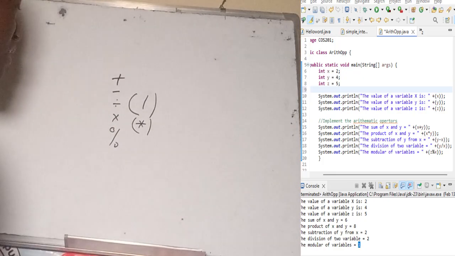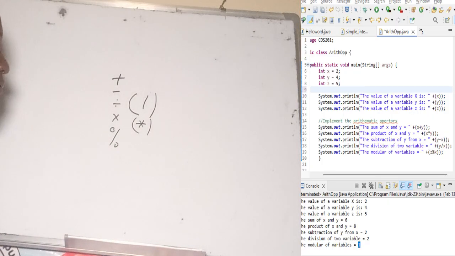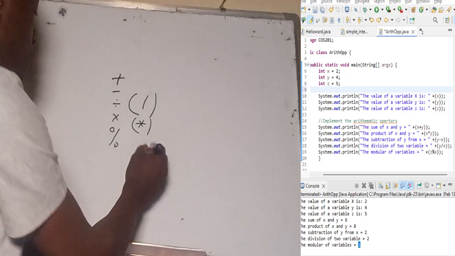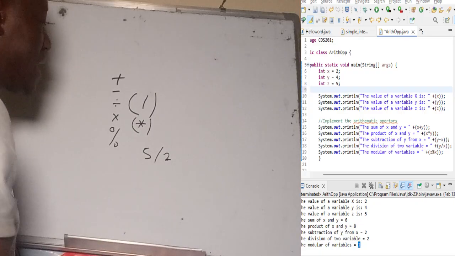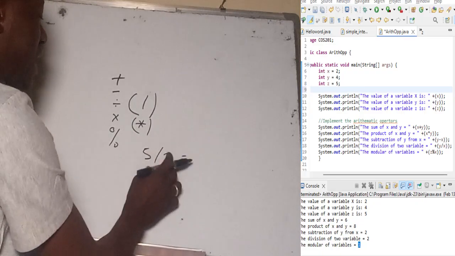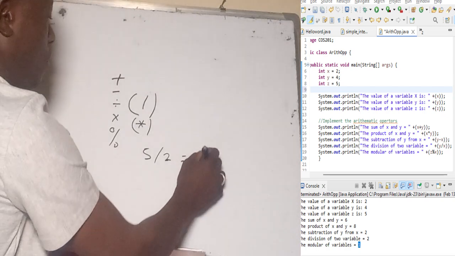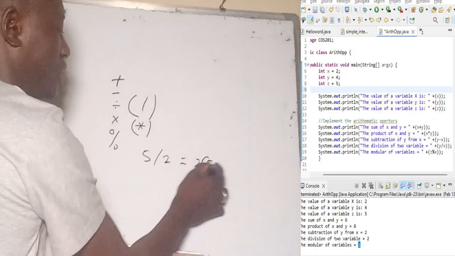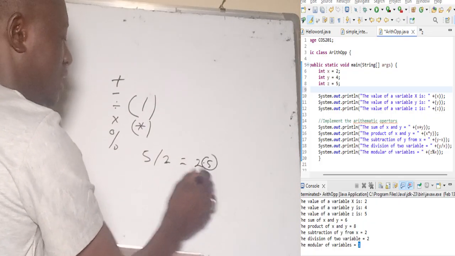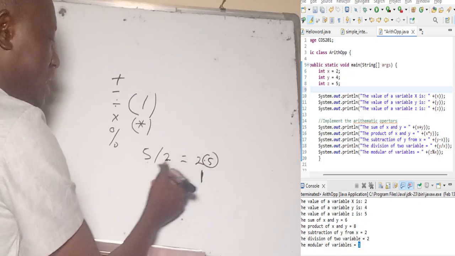the percentage sign, and we use this modular in order to return a remainder. Say for instance, you are dividing 5 by 2, and you know definitely the answer here is going to be 2.5. Therefore, it will now return the value of 1 to the program, because if it divides this, certainly it will remain with 1.